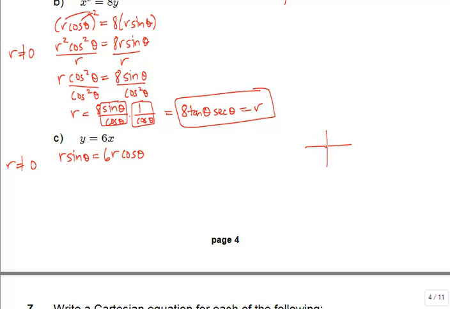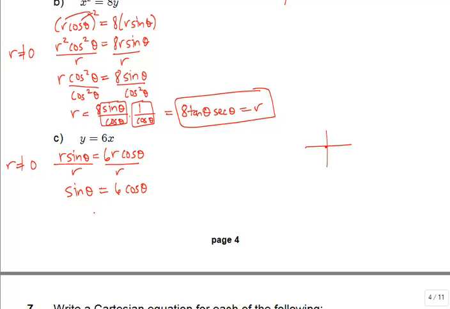Okay, if r is 0, that's just the origin. And we don't have the origin as this graph. We know that this is supposed to look like a line. y equals 6x is just a line, it's not just a dot. So we can divide both sides by r to help clean this up a little bit. So we're left with sine of theta equals 6 cosine theta.